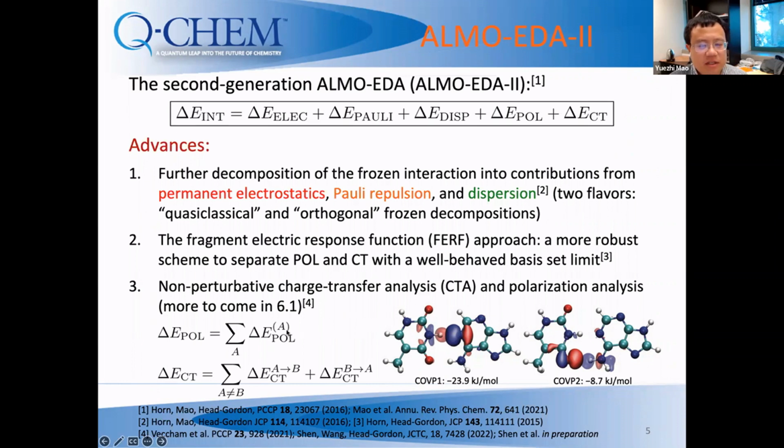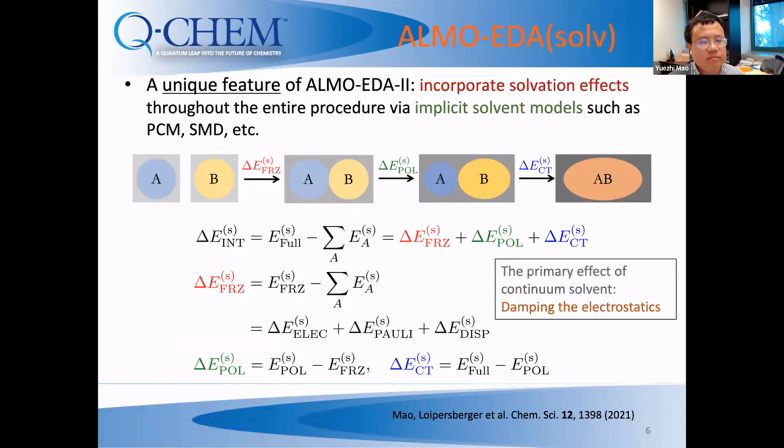And this decomposition is done using a non-perturbative approach, so different from the original charge transfer analysis in Q-Chem. It also offers very useful visualization tools, like you can see the orbitals involved in the polarization and the charge transfer interactions.